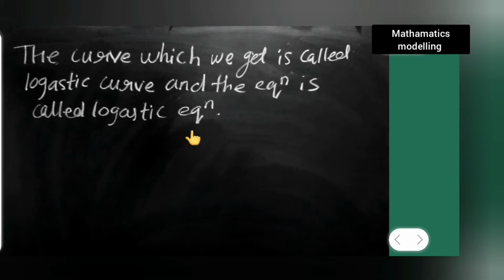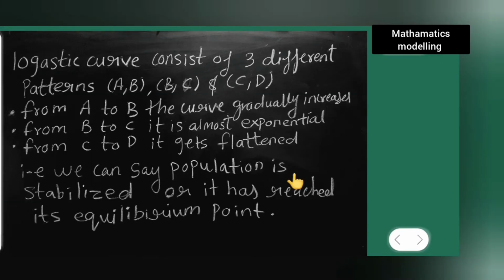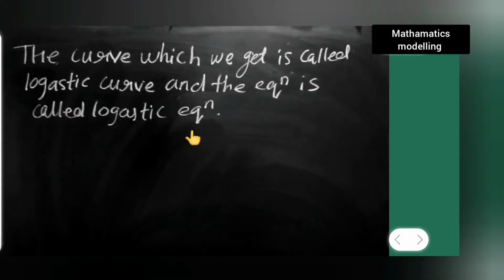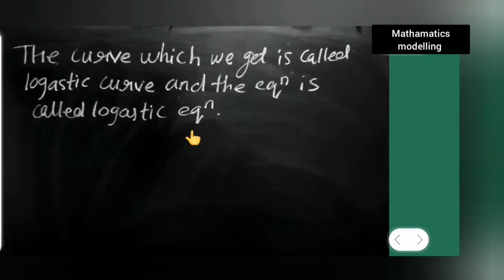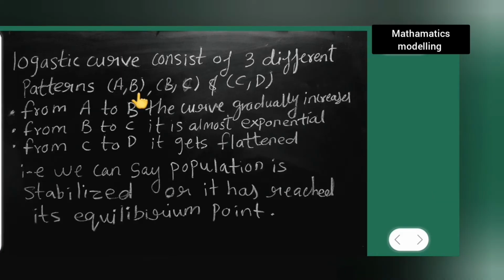The logistic curve consists of three different patterns: A to B, then B to C, and then C to D.